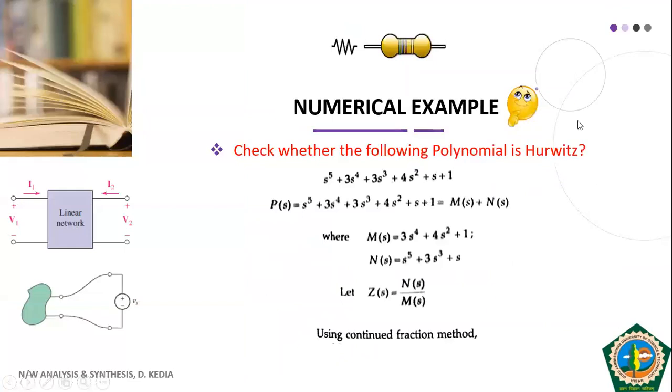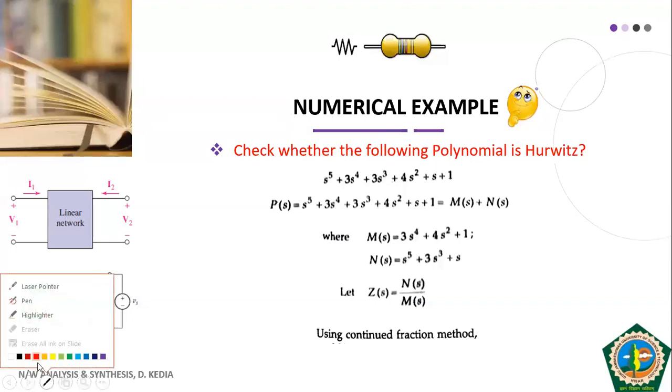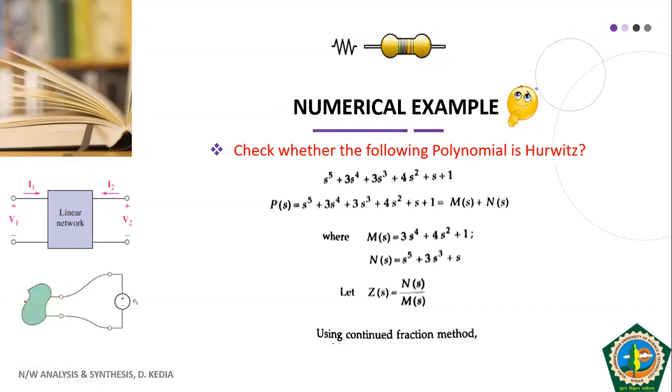So this is our first numerical related to Hurwitz polynomial, where we have to check whether the given polynomial is Hurwitz or not. Students, as I told you, I'll try to highlight some different aspect in each numerical.